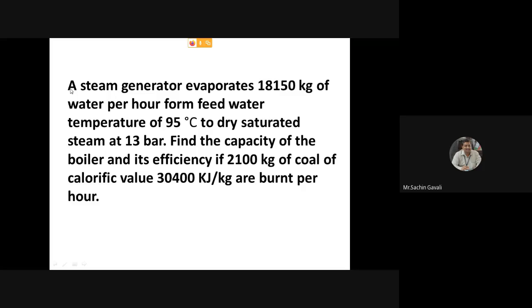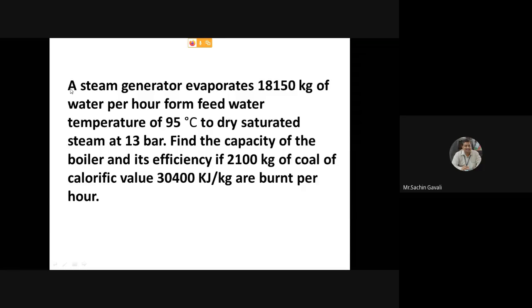Only two have given reply. Others, Akshay, all others. Am I audible clearly? Yes, sir. Others can reply and start solving. I have to take feedback.